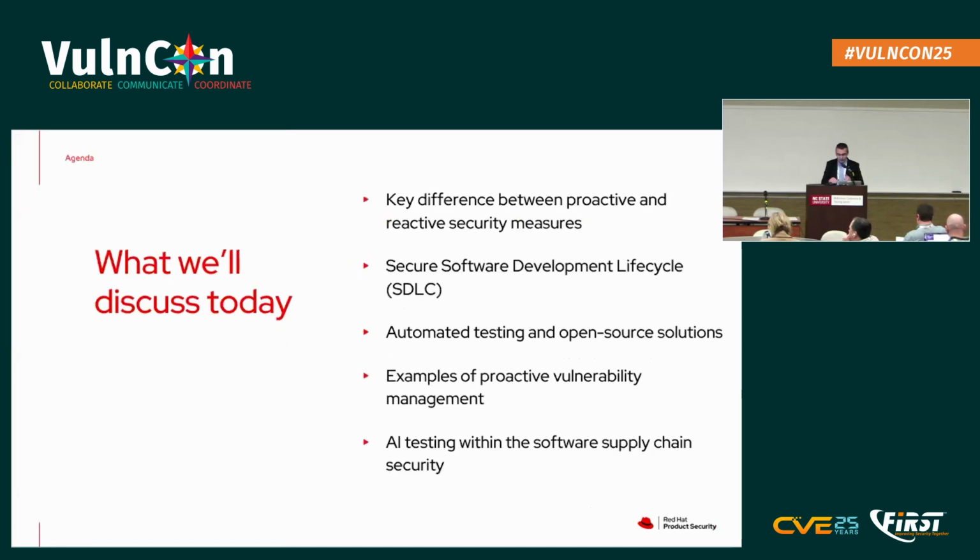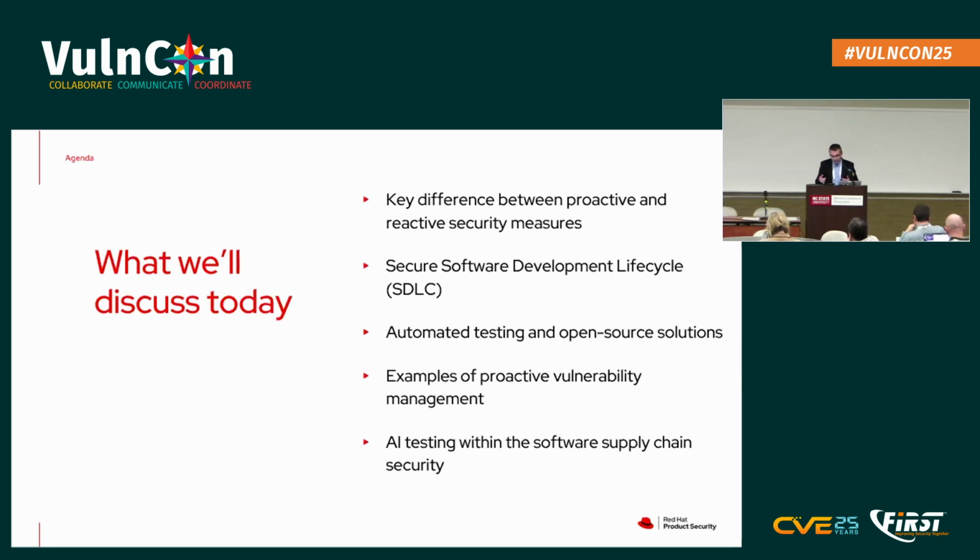Today, first, we will briefly talk about key differences between proactive and reactive security activities and how the execution of this work looks like today. Then I will show a high-level implementation model for the proactive security activities in the Secure Software Development Lifecycle, SDLC, or Secure SDLC.